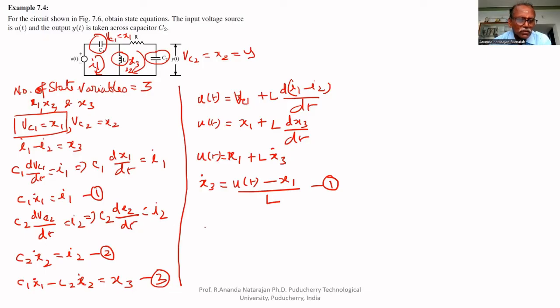We know that the third equation says C1 x1 dot minus C2 x2 dot equal to x3. So from this we can find x2 dot.